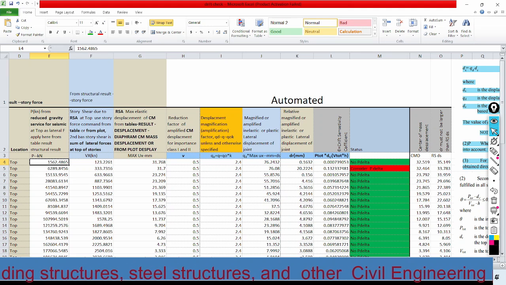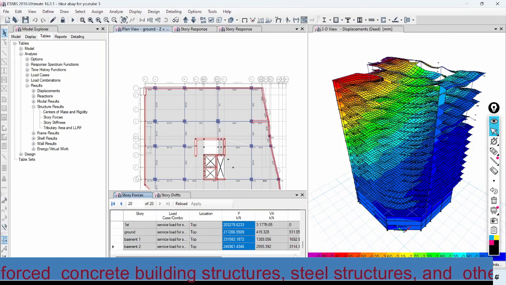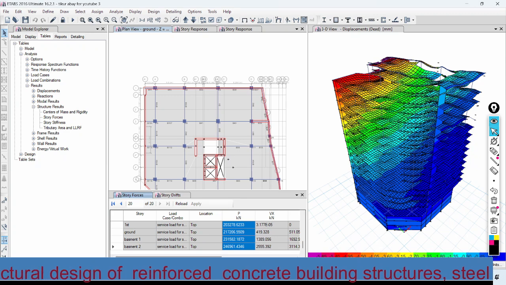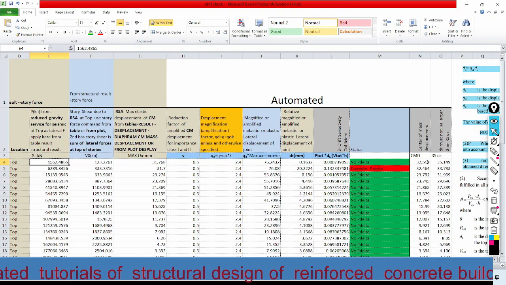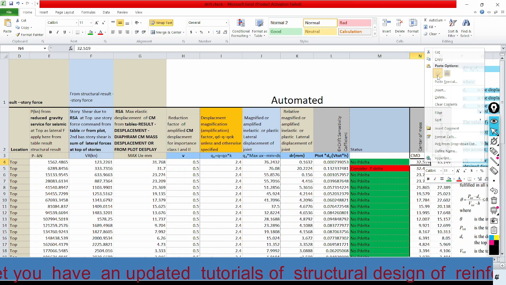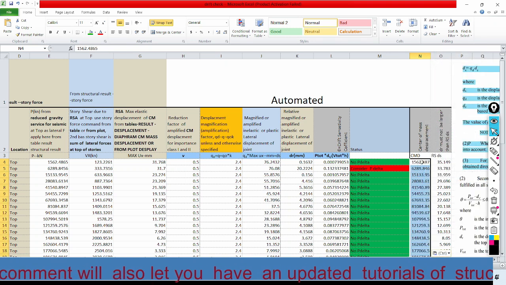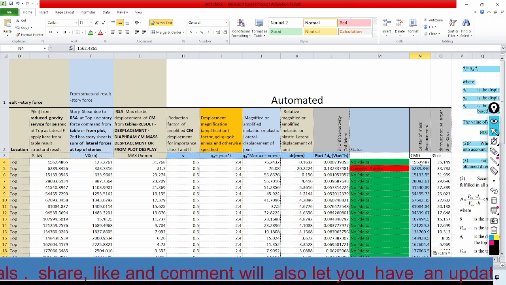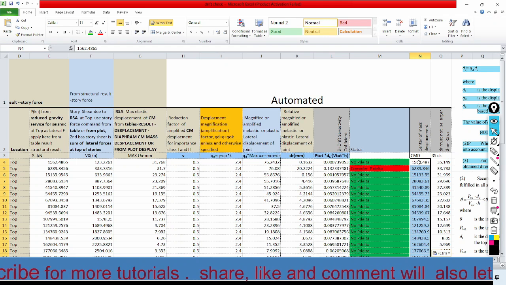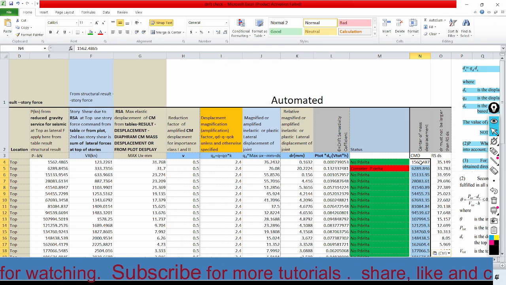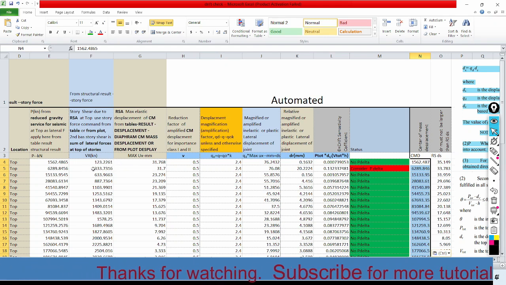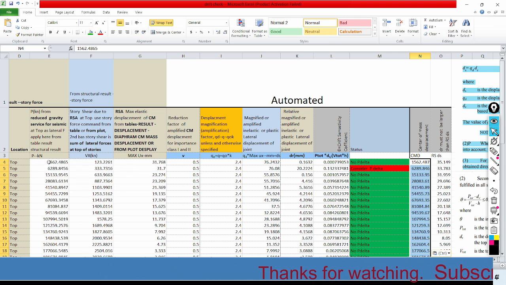Here I am at positive x direction. So I need to paste it. So here this is the vertical gravity force after considering P delta, and this one is the vertical gravity force before considering P delta.